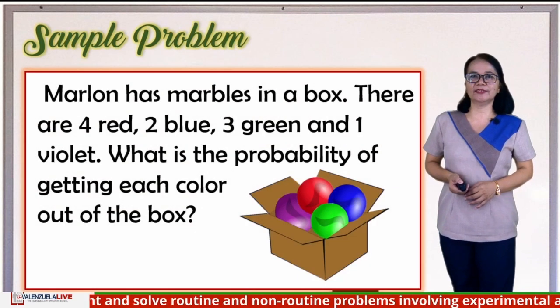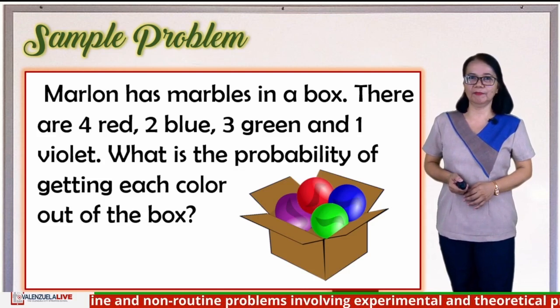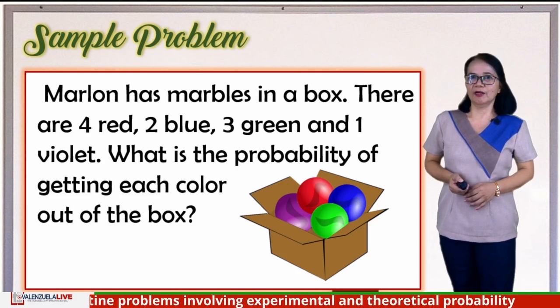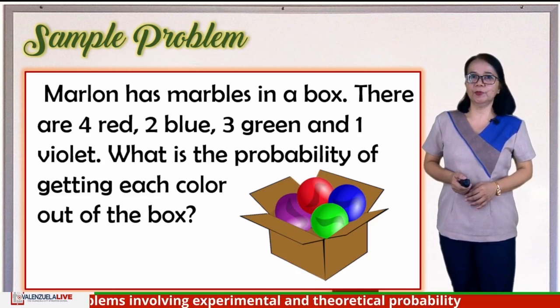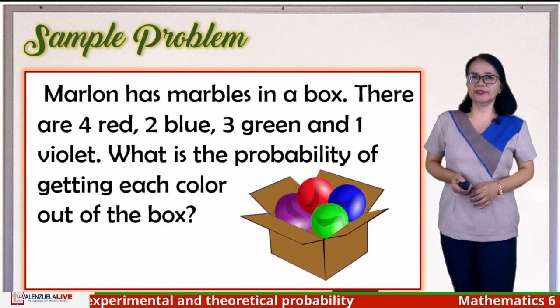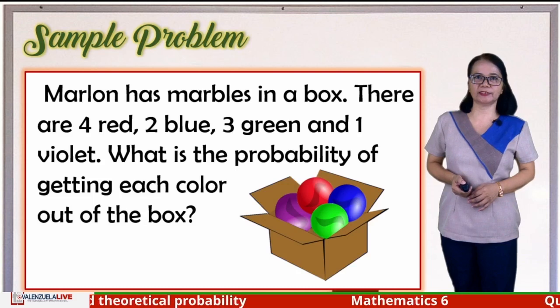For better understanding of our lesson, let us study this problem. Marlon has marbles in a box. There are 4 red, 2 blue, 3 green, and 1 violet. What is the probability of getting each color out of the box?